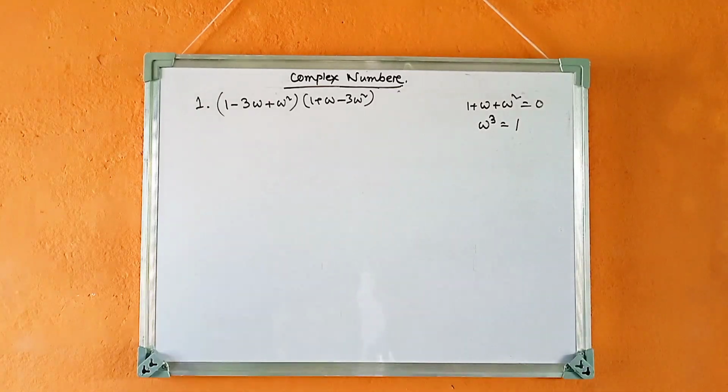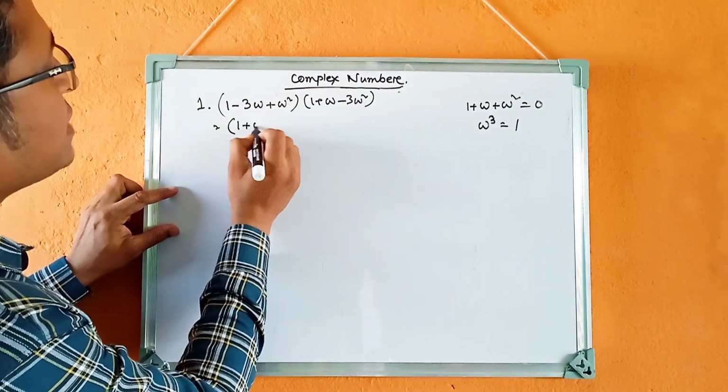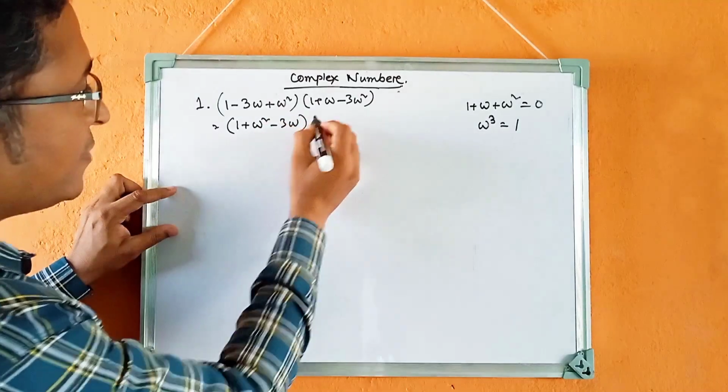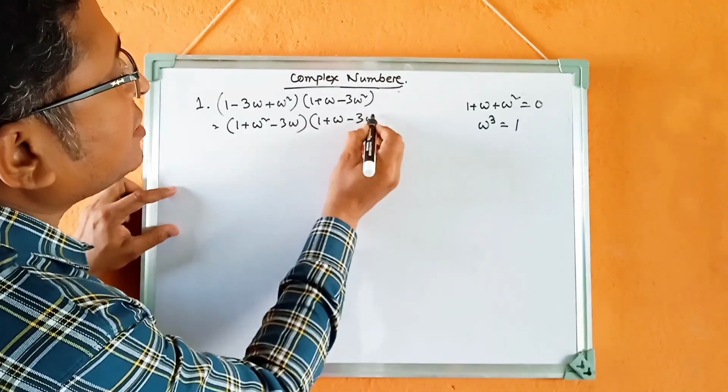Find the value. See how to solve this problem. First of all, arrange the first one as 1 plus omega square minus 3 omega, and the second one as 1 plus omega minus 3 omega square.